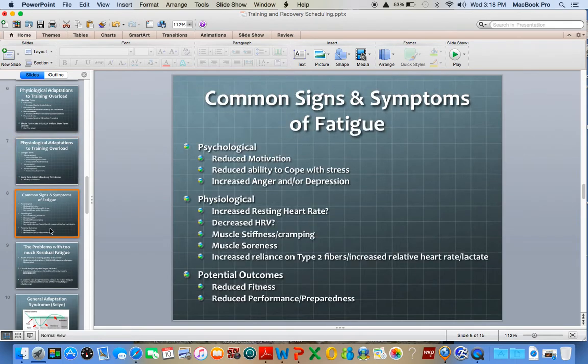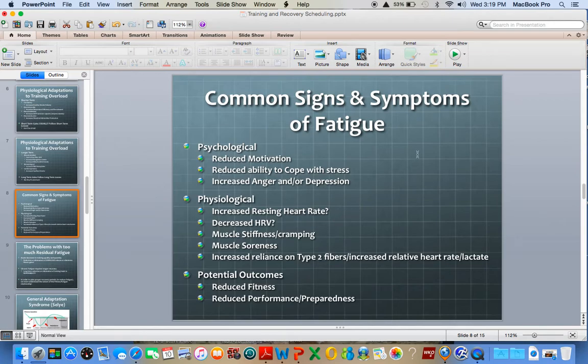So rolling through here, I get into a slide about common signs and symptoms of fatigue, so you can identify them yourself. The ones I have here in question marks are really up for debate right now, and whether these are actually signs of fatigue. Of course, we can also say that increased resting heart rate is also the effect of not getting enough sleep.